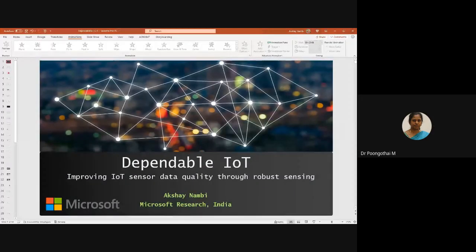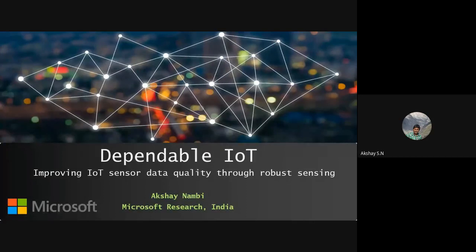So you can see the slides, right? Sir, your screen is visible. It's in full screen mode, right? Yes, sir, it is full screen. Okay, great. Thank you.